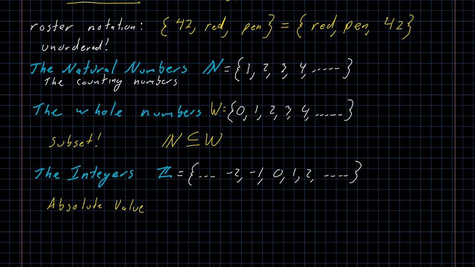it's sometimes interesting to be able to talk about the absolute value of a number. The absolute value is denoted using vertical bars. So this notation is asking us to evaluate the absolute value of x.